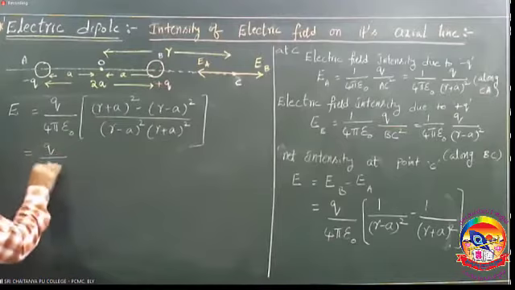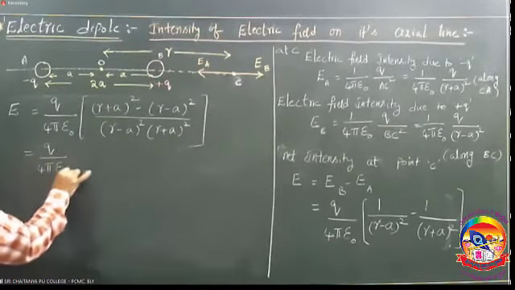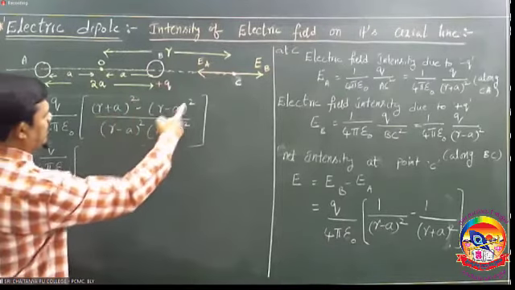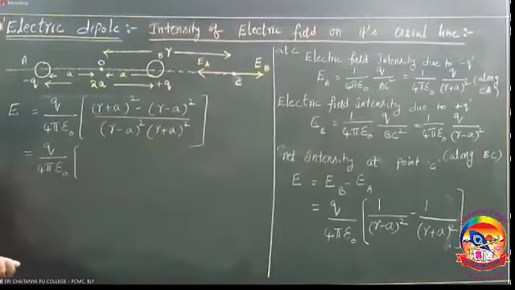Q by 4 pi epsilon naught. A plus b whole square minus a minus b whole square gives what? 4ab. You get 4ab.